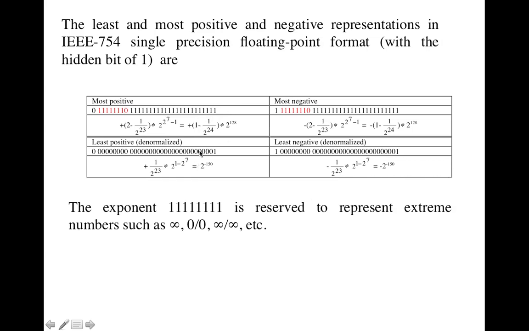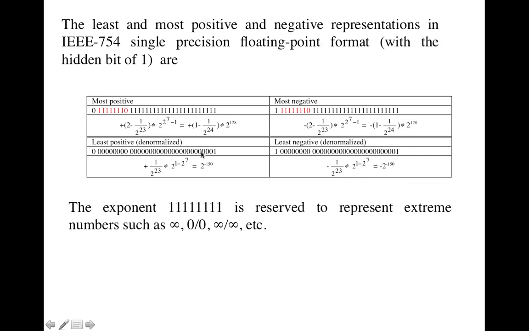So when you compute these numbers, you get, in this representation, the largest in a single precision case, this 23 plus 8 plus 1 representation. And these are the numbers that you could say are most negative, most positive, and then least positive and least negative.